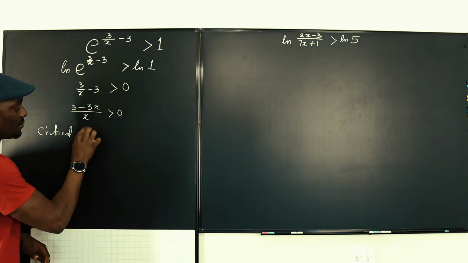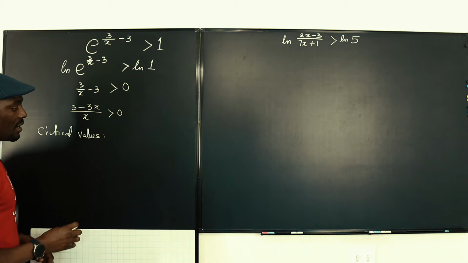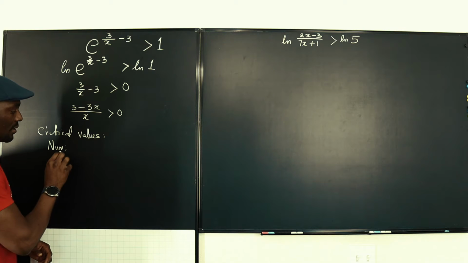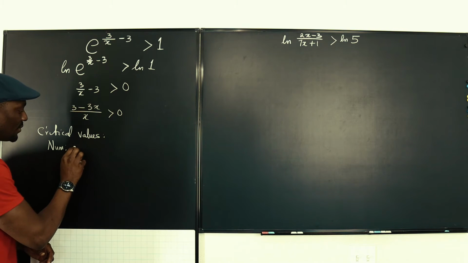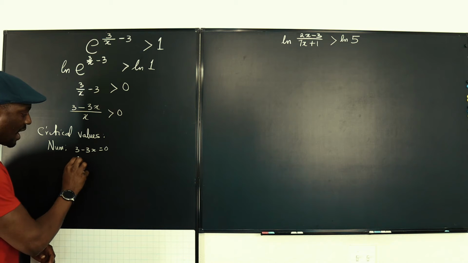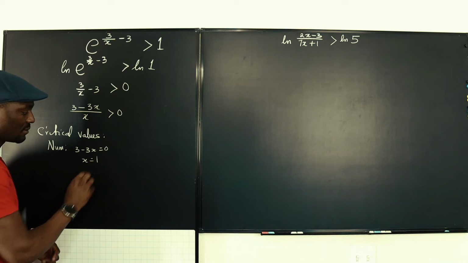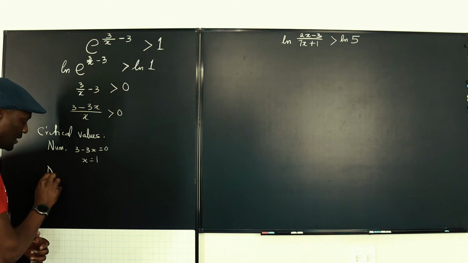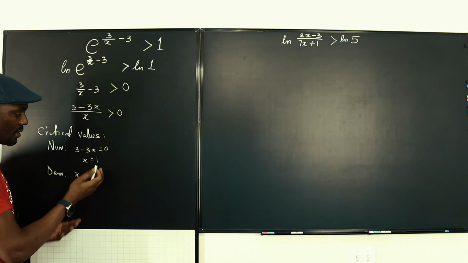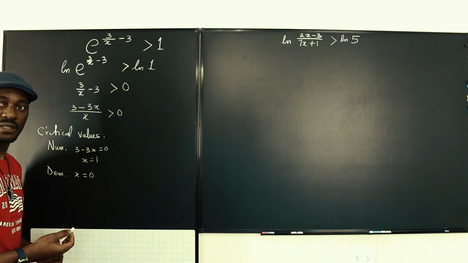So critical values, okay, for the numerator will be 3 minus 3x equals 0, and then x will be equal to 1. For the denominator, you have x equals 0. Those are the two critical values that you need.